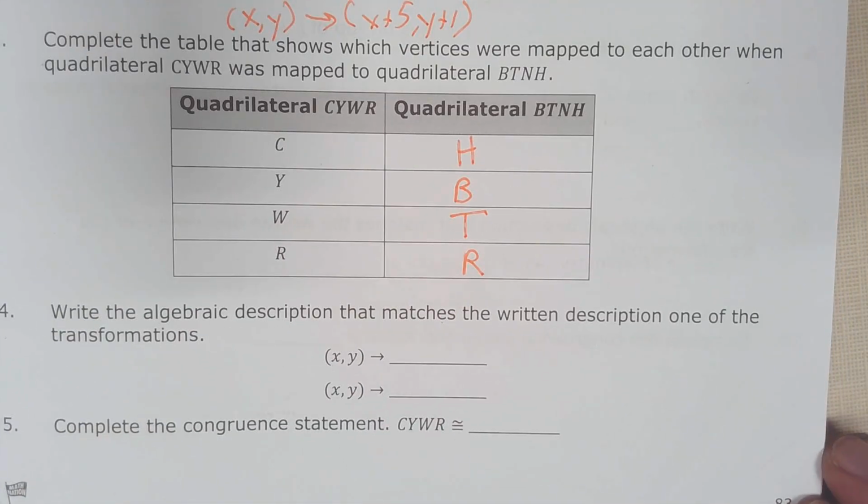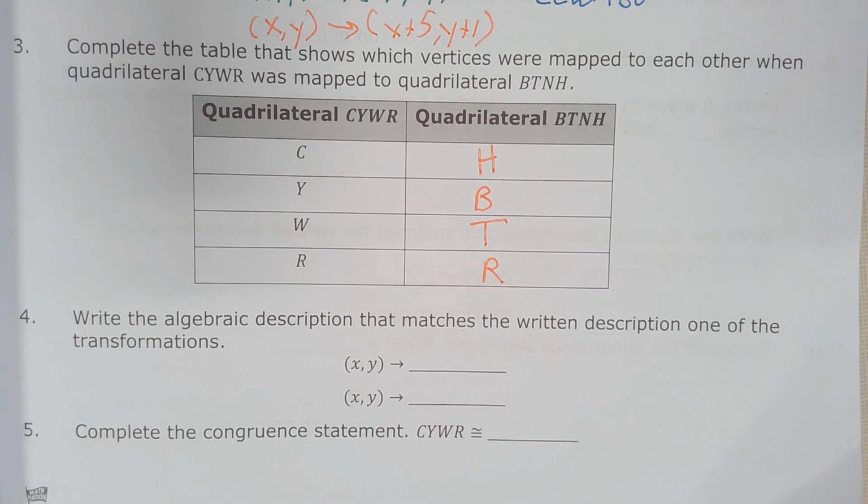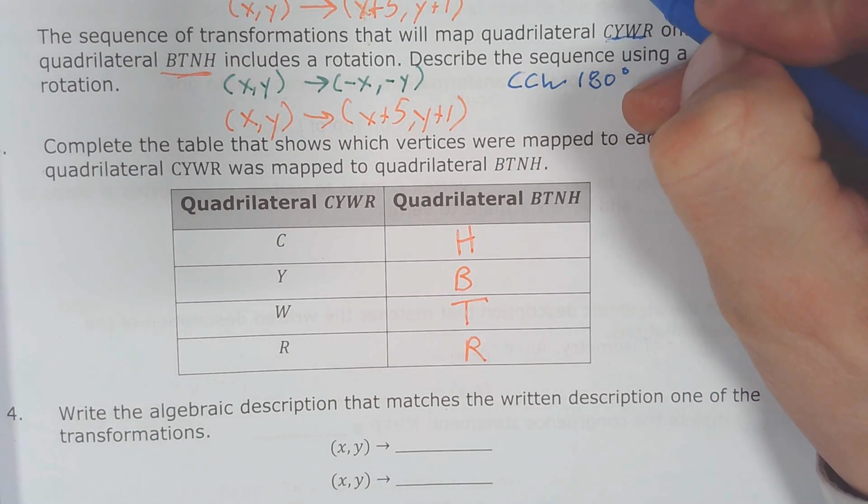So write the algebraic description that matches the written one for the transformation. Hey, I already did that. And it wanted words up here, so I guess I'll write the words. Counterclockwise rotation 180 degrees.